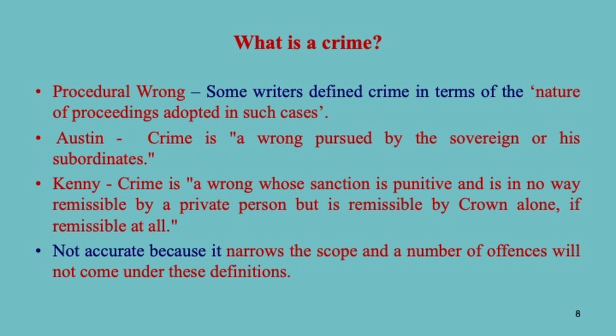These again are narrow definitions and are inaccurate because in case of certain offences like bigamy etc., the individual wronged is required to initiate the criminal proceedings or prosecution, and in case of certain offences like hurt, assault etc., the complainant has the power to compound the offence, that is, remission is possible by private individuals also.